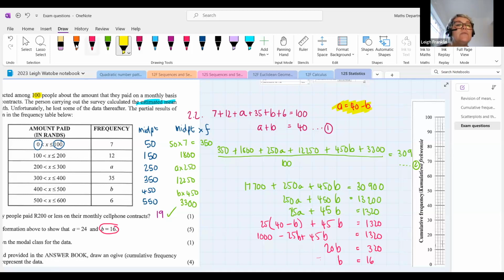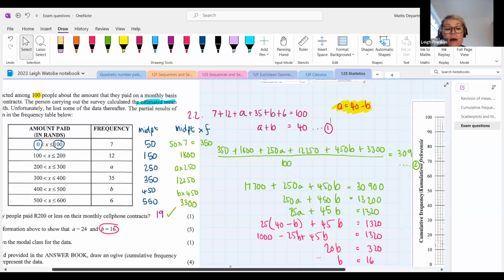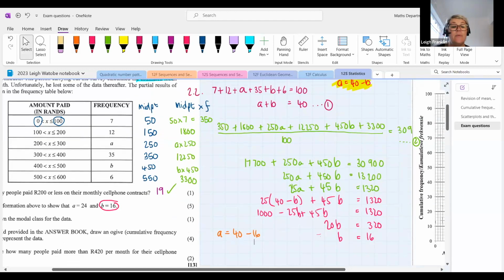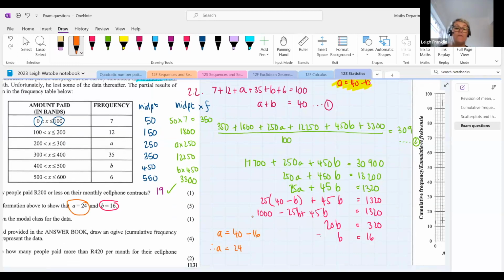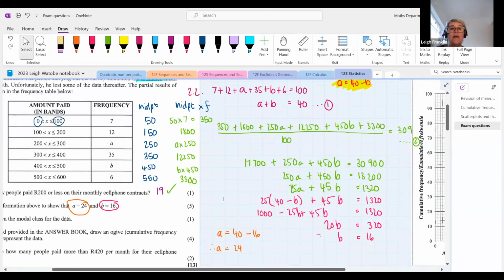So solving for A, I'd have A equals 40 minus 16, and I would get the 24 that they told me A was equal to over there. So there you go. There is a revision question on the estimated mean in addition to doing a simultaneous equation.